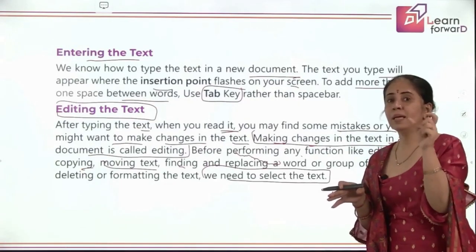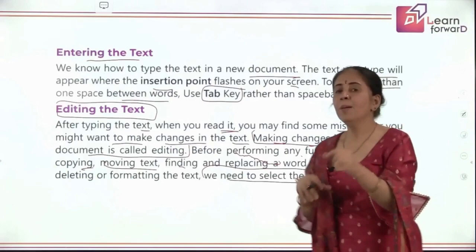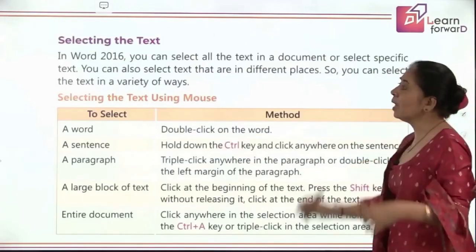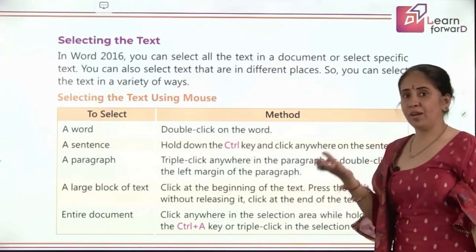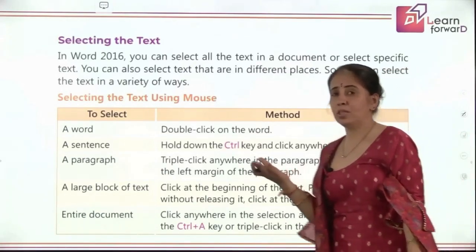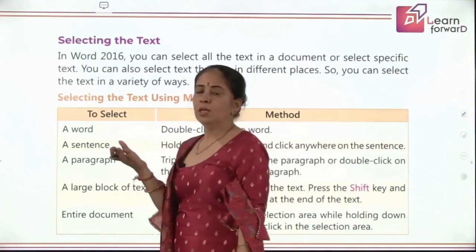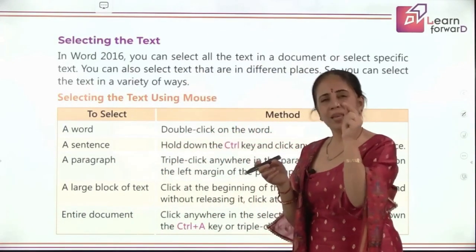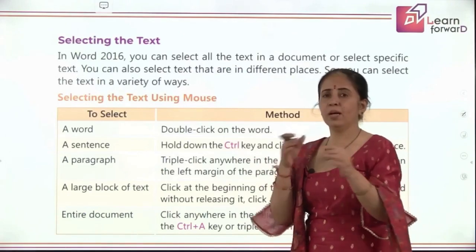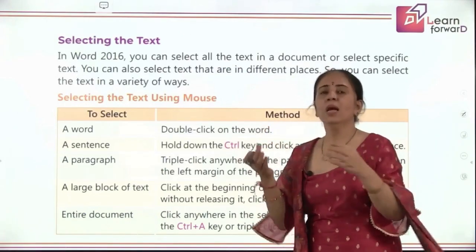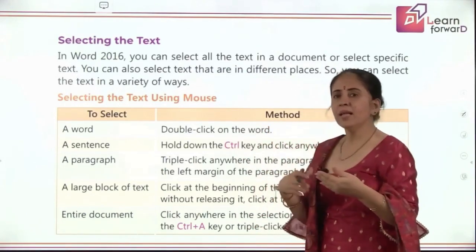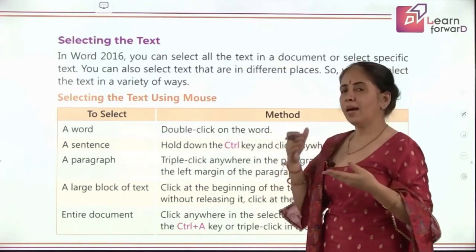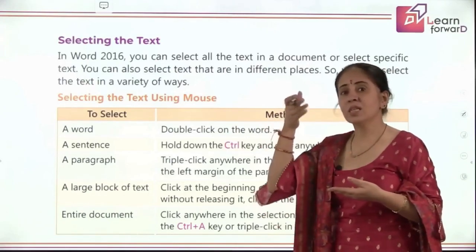That means it has to be first selected before doing any work on it. Understood? Now, how this selection of text is done, that's another question that comes to our mind. So I told you it could be a word which you want to replace, it could be any alphabet, it could be a sentence, it could be a paragraph, anything that you want to change, move, or copy, all of this has to be first selected.